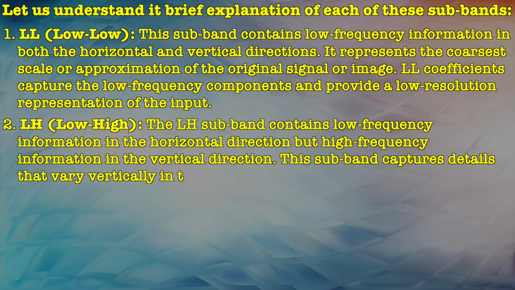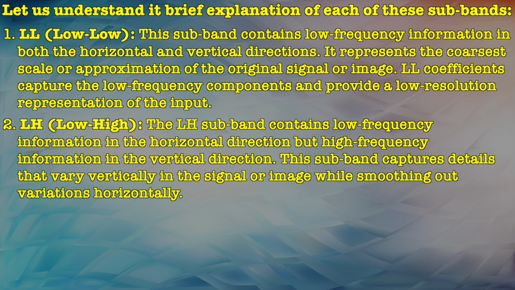Next, LH means low-high. The LH subband contains low frequency information in the horizontal direction but high frequency information in the vertical direction. This subband captures details that vary vertically in the signal or image while smoothing out variations horizontally.